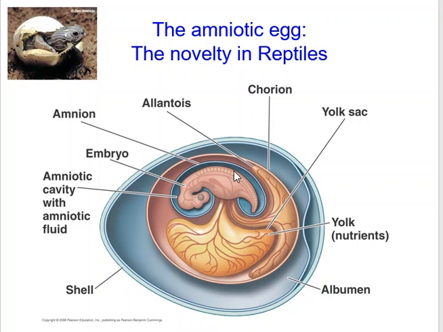So that amnion and the amniotic fluid contained in the amniotic cavity are the real novelty that allows now this embryo to develop away from a body of water, because the body of water is inside now the egg. Okay, so the body of water goes inside the egg. What a smart solution to develop away from water.